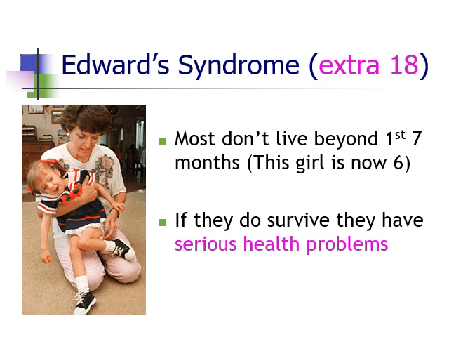For Edwards syndrome, that's having the extra chromosome 18. Unfortunately, most kids who have this don't live beyond their first 7 months. The girl in this picture shown is 6 years old, so some of them do live longer, but having that extra chromosome 18 seems to have more of a profound and harmful effect than having an extra chromosome 21.